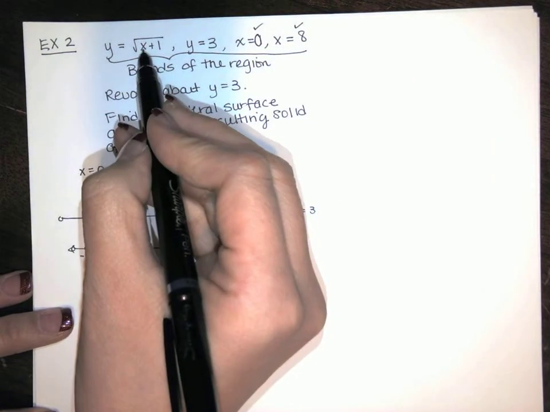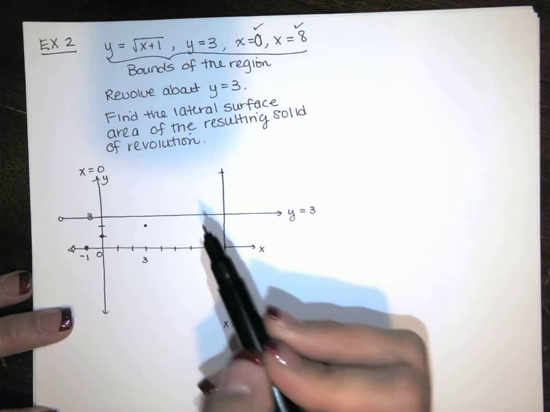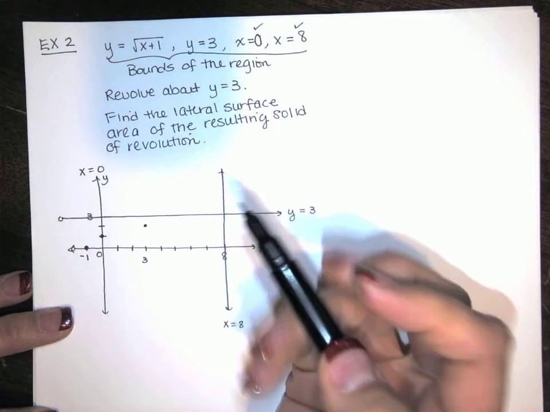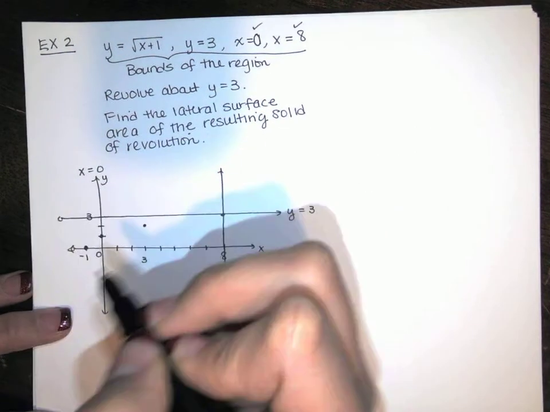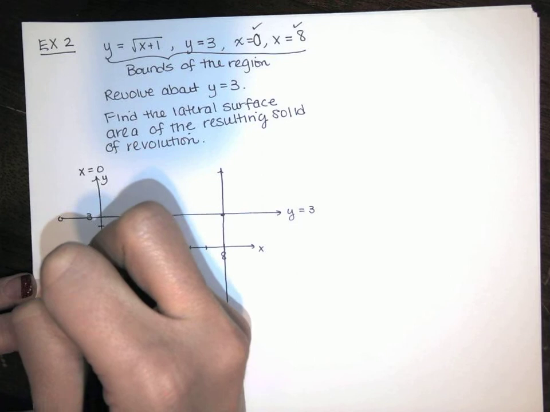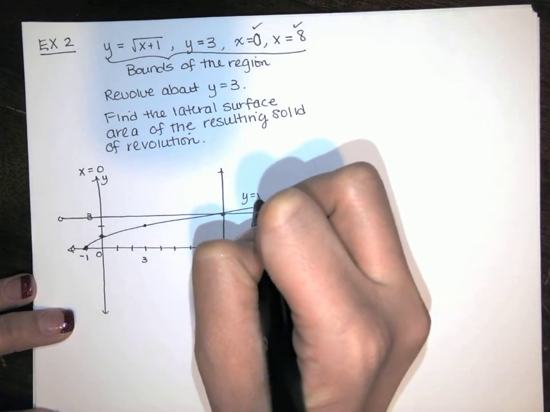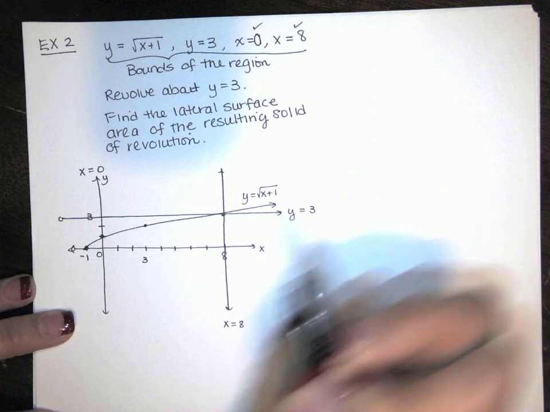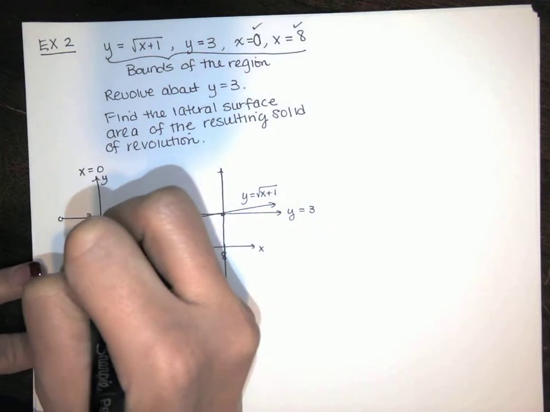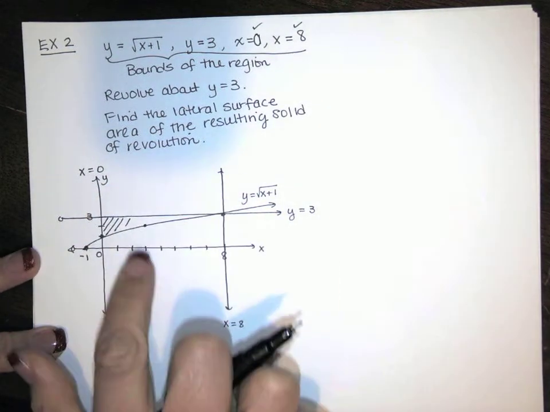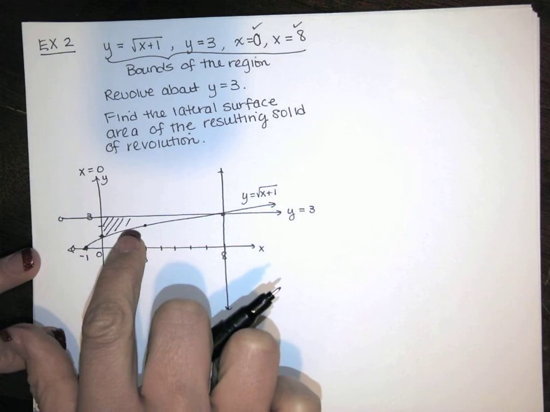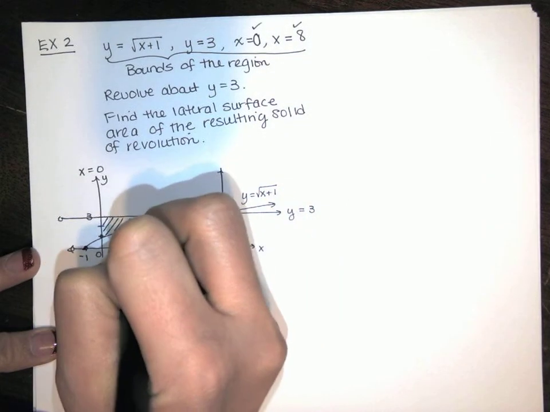And when x equals 8, 8 plus 1, we're going to get 9. Square root of 9 is 3. So our curve actually meets that line y equals 3 right here. So that's our region. It's in between y equals 3, the square root graph, and then those two vertical lines.